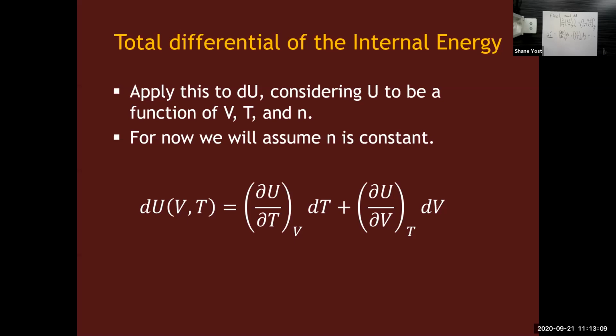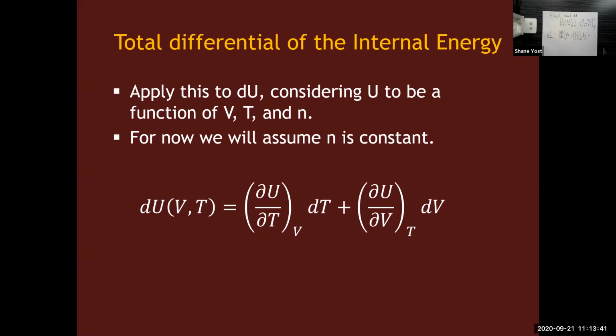So there might be some other change in internal energy if we let the volume change. There's also potentially a change when you change the number of moles, but we won't worry about that until we get to Gibbs free energy and eventually chemical potential. For now the number of moles is constant.